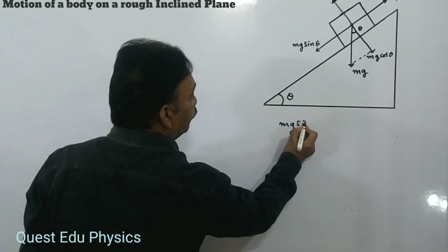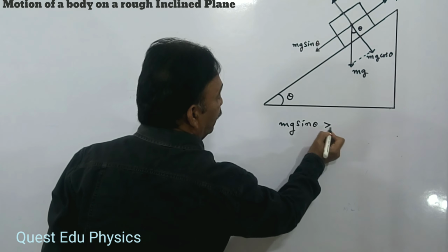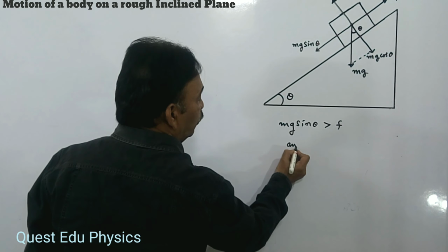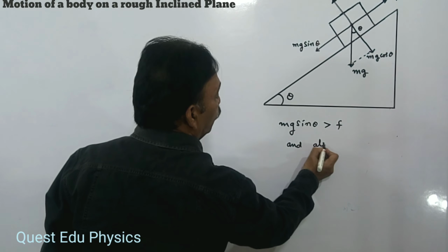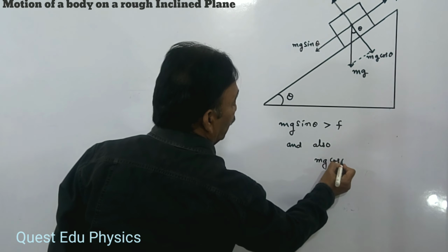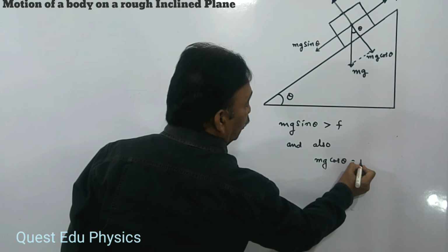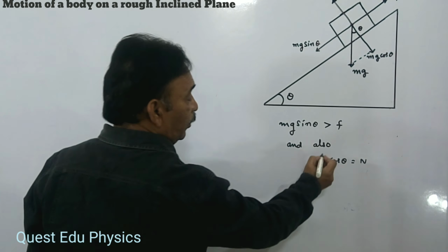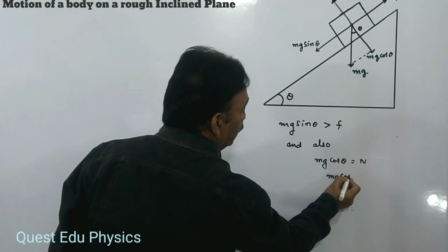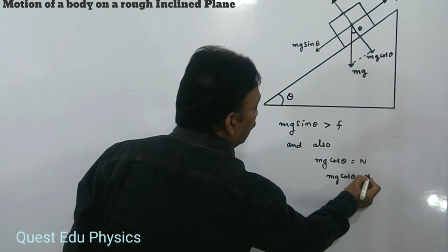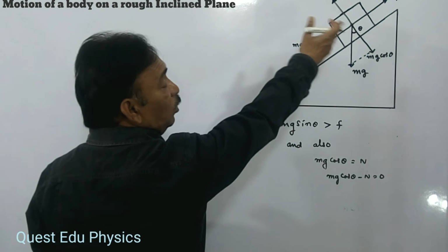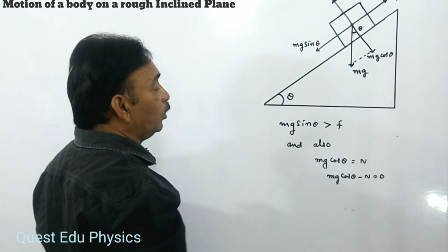We can write it as mg sin theta is greater than the frictional force, and also mg cos theta is balanced with the normal reaction. That means the net force mg cos theta minus N is equal to 0, so there is no vertical acceleration of the body.